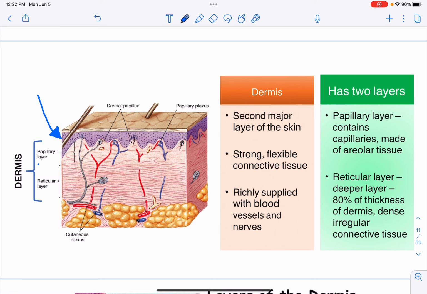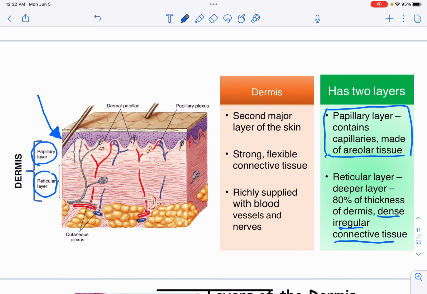The papillary layer right here is made up of areolar connective tissue. And the reticular layer is made up of dense, irregular connective tissue. You can usually tell the division of these 2 layers when you're looking at it under the microscope.